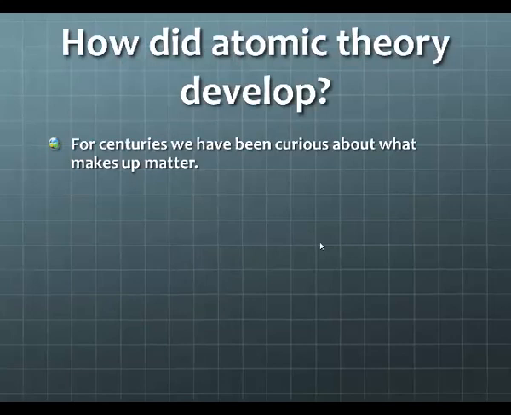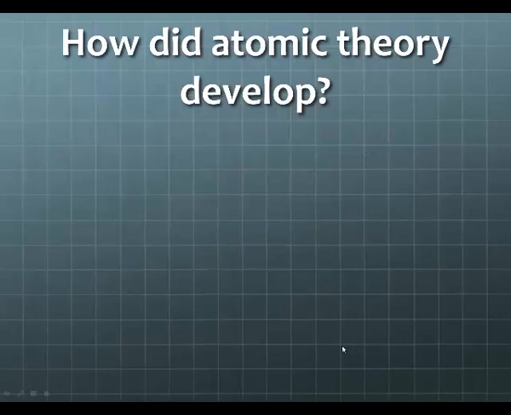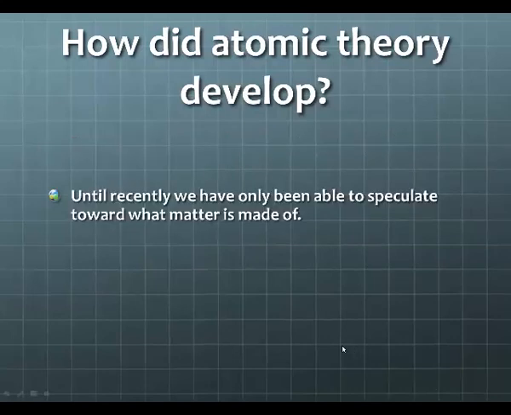So how did the atomic theory develop? For centuries we were really curious about what makes up matter. Until recently we have only been able to speculate about what matter was made of.